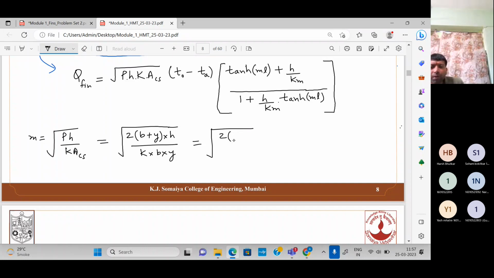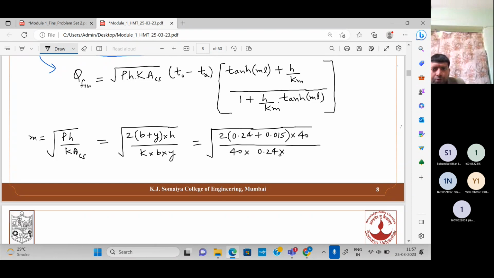Okay. So what is the value of B? 240 mm, that is 0.24 meters, plus Y is 0.015 meters, right, 15 mm. So 0.015 meters into H, H is 40, divided by thermal conductivity, which is 40, into the value of B, 0.24, into this Y, 0.015.